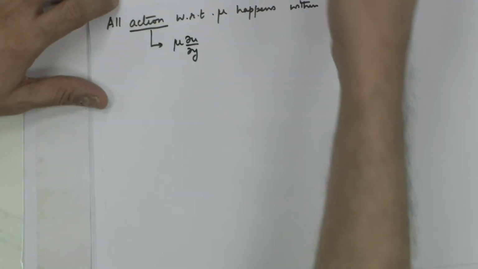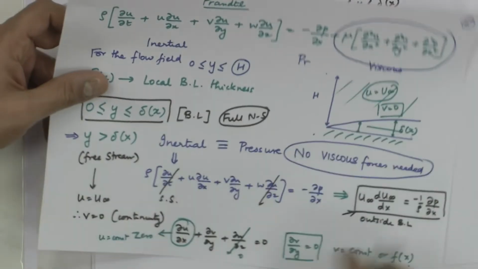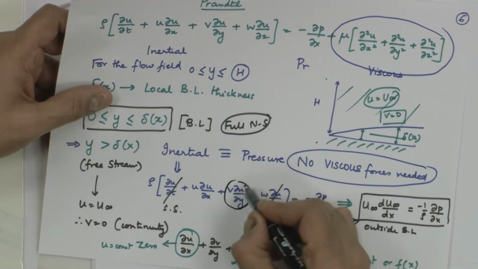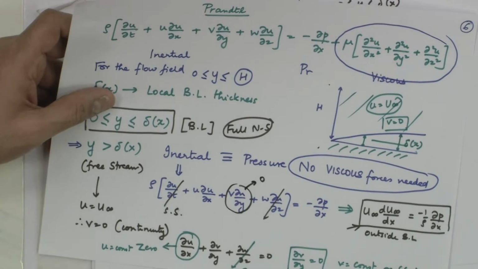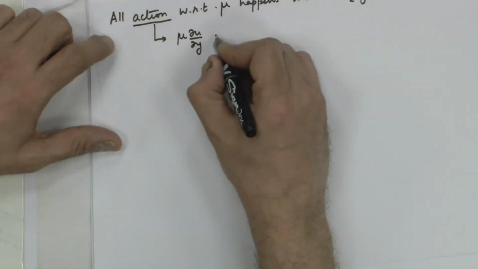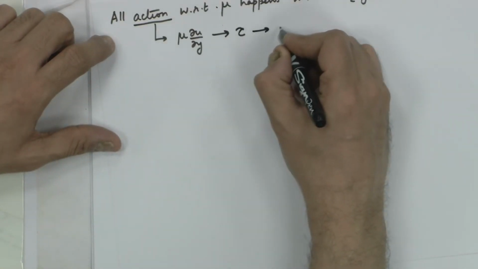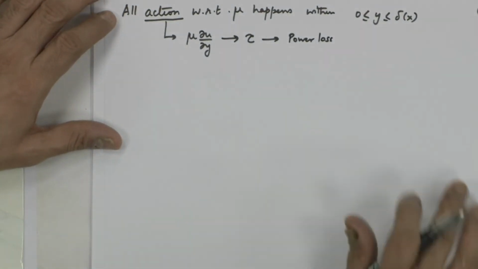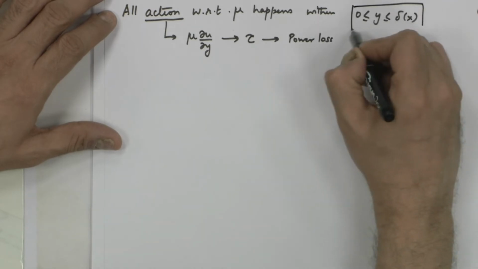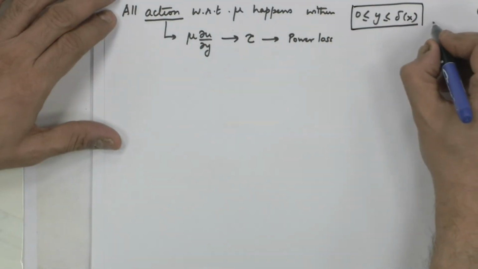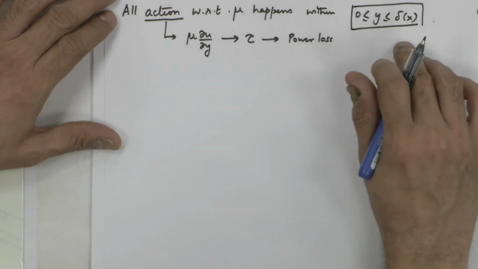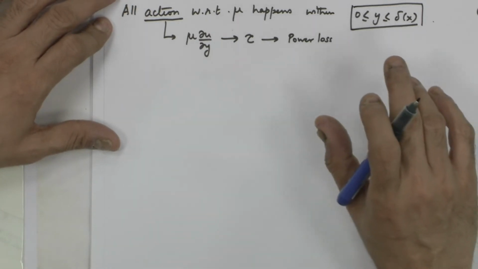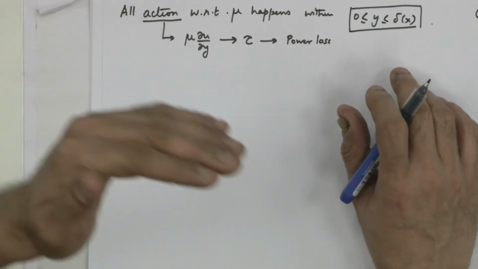What do I mean by action? Mu du by dy. Beyond delta, I told you the gradient is 0 because velocity is constant. So, this gives rise to shear stress, this gives rise to power. In what region is this important? This region is what we call the boundary layer region. If I solve this region properly, I get as an engineer all the things I want.